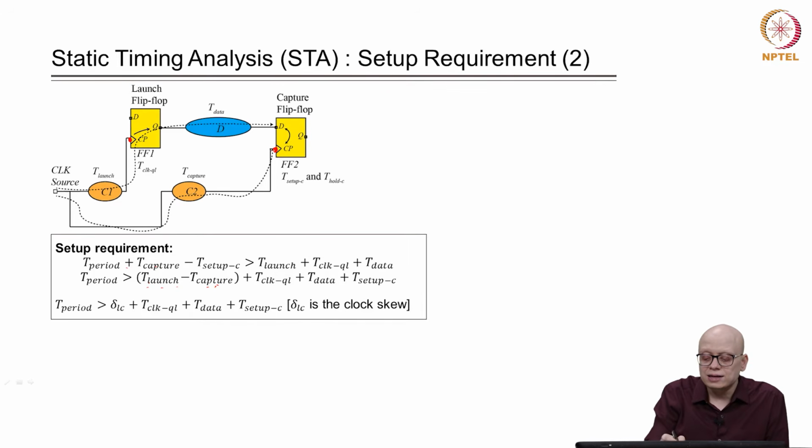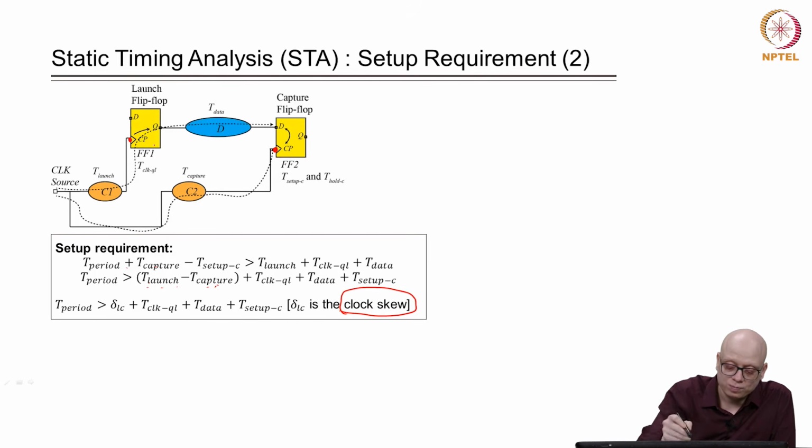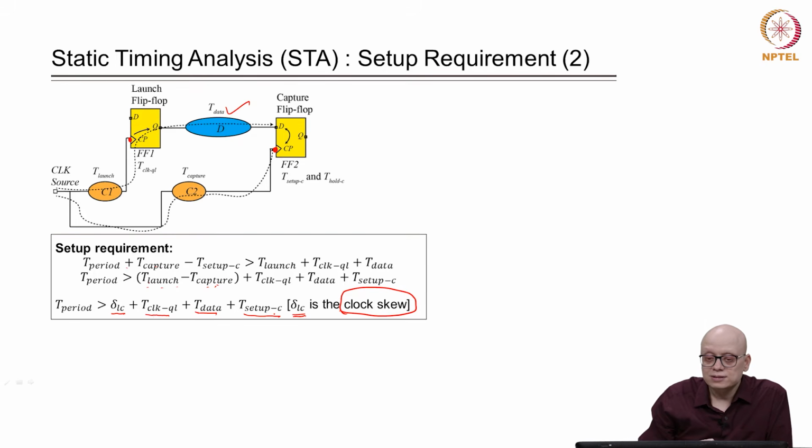This is known as the clock skew, meaning the difference in the arrival time of the signals at the clock pins. So, if we denote clock skew as delta LC, where L is for launch and C is for capture, the T period should be greater than delta LC plus T clock to Q delay at the launch flip flop, and T data, and T setup C, that is the setup time of this capture flip flop.